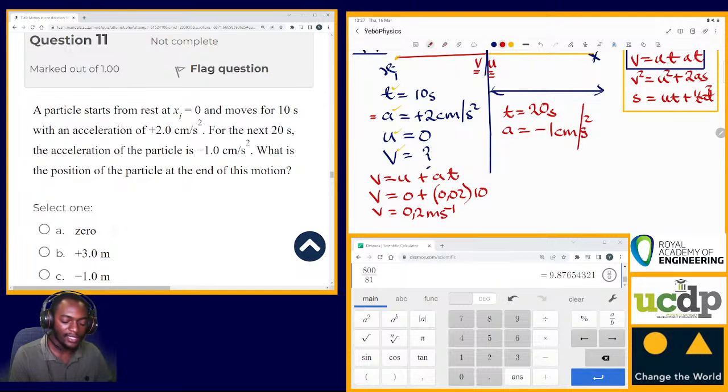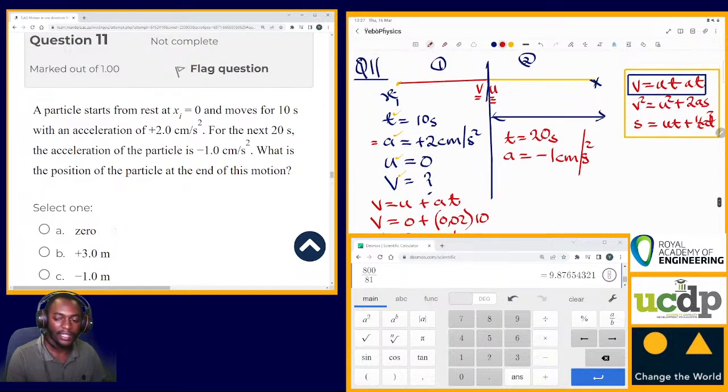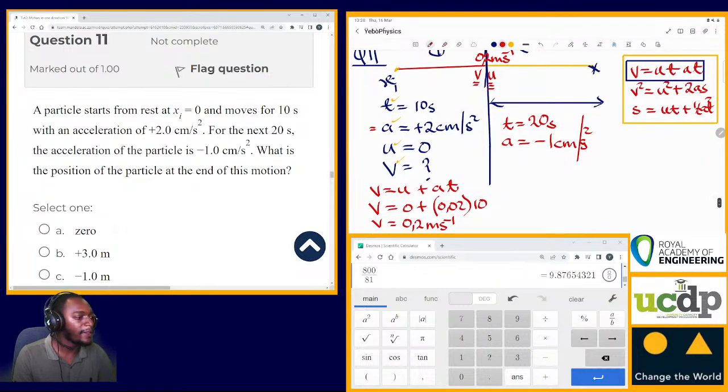So that is our speed at the end of the first part of the journey, and that becomes our initial speed for the second part of the journey. So this is 0.2 meters per second.